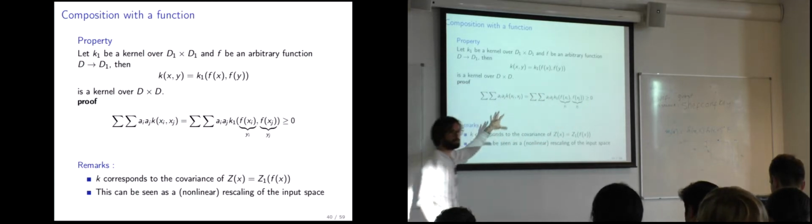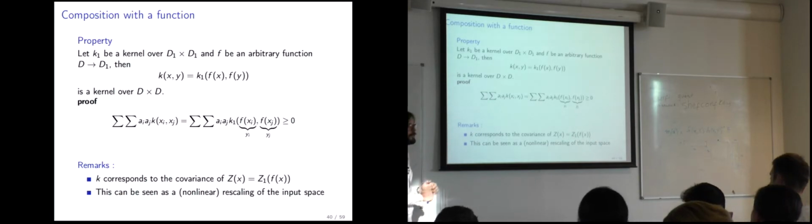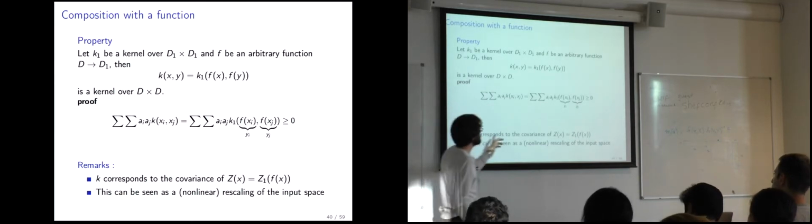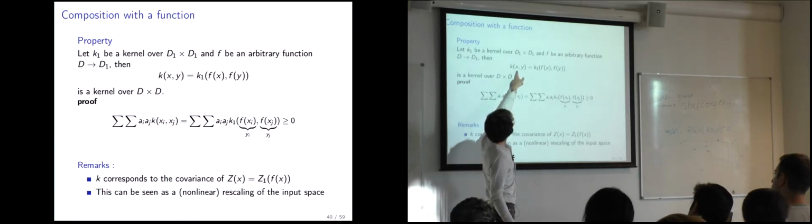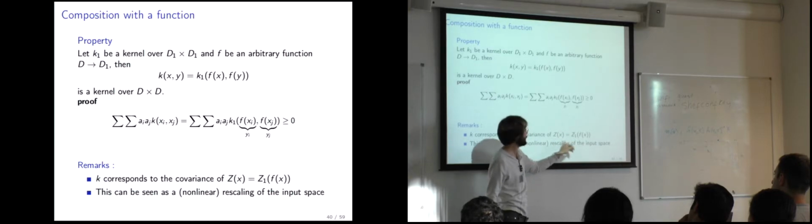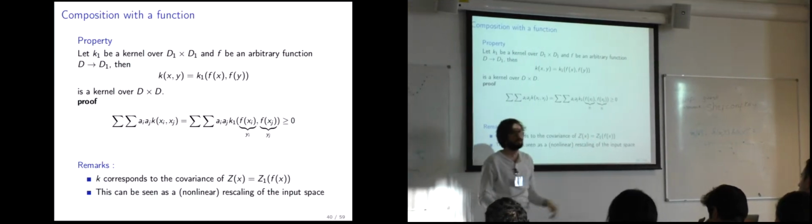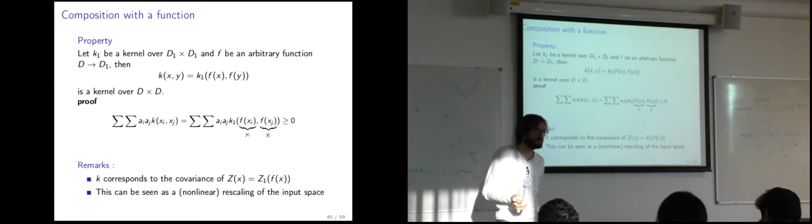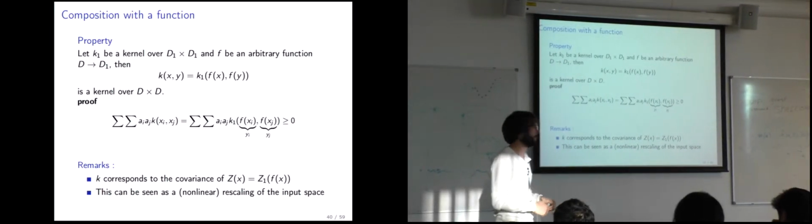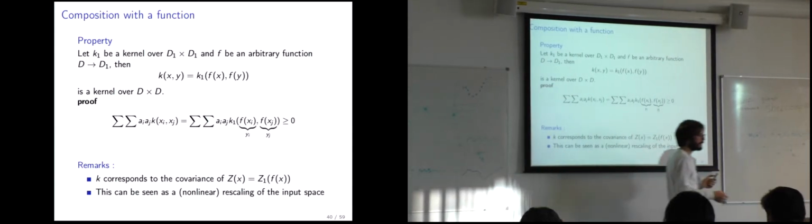So this can be proven directly from the definition. Another way to prove that it is positive definite is just to notice that this is the covariance of this GP. So if Z is a GP, I can construct this, and a covariance is always positive semi-definite. So that's another way to prove it. So that's a nonlinear rescaling of the input space.